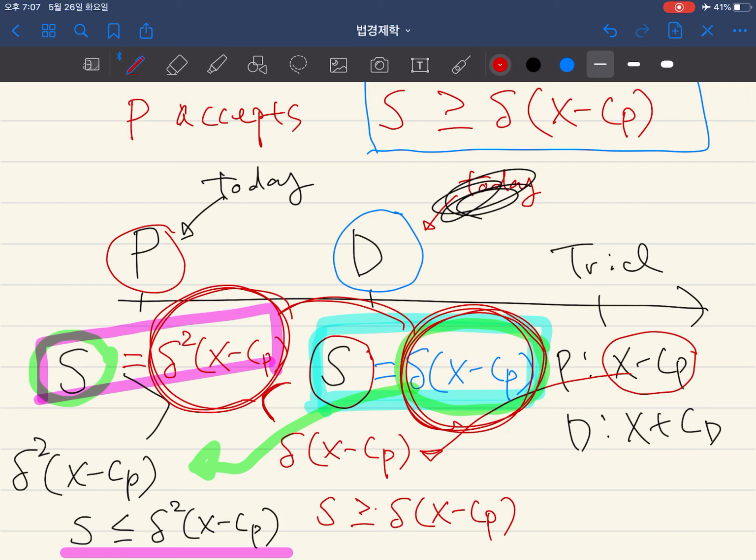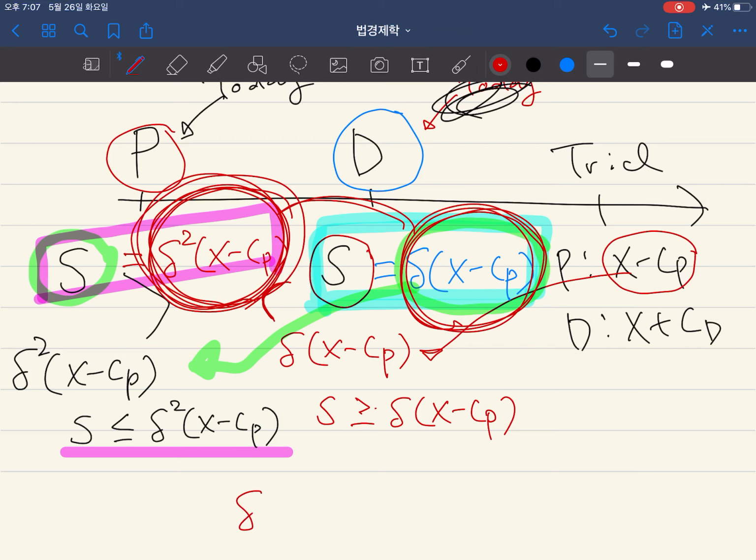So let's assume plaintiff is going to settle today. Therefore, plaintiff and defendant will settle today right away without even going to tomorrow, and the settlement amount is this much.